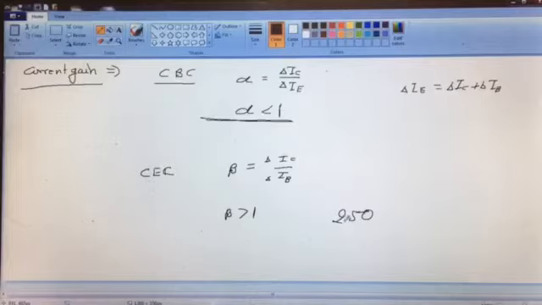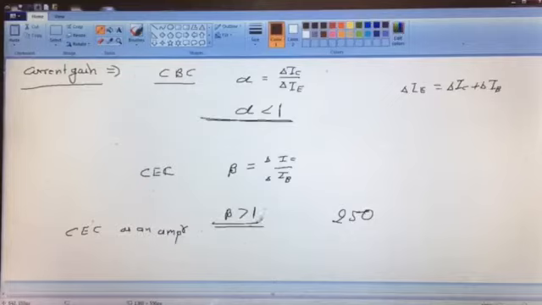The high current gain makes it possible to have the transistor as an amplifier with high voltage as well as high power gain. So that's why we will select common emitter configuration as an amplifier, because its current gain is greater than unity.